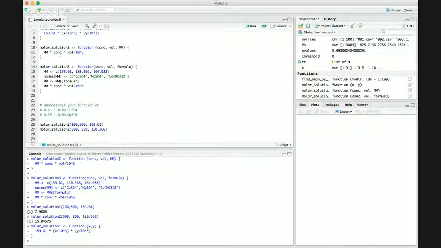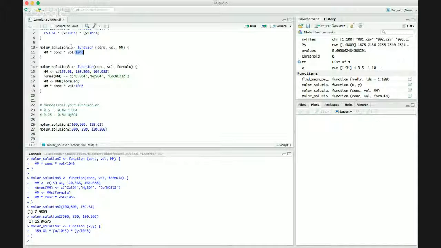So then I made a second function, molar solution 2. This function contained the concentration, volume, and the molecular mass. Here I multiplied the molecular mass times the concentration times the volume, all divided by 10 to the 6, and this again would give us the correct units.